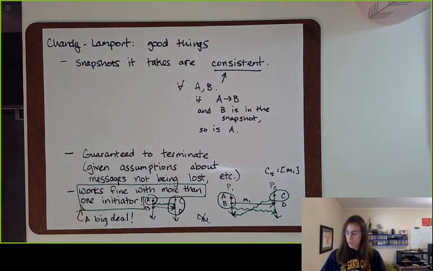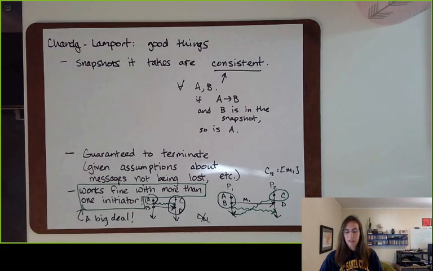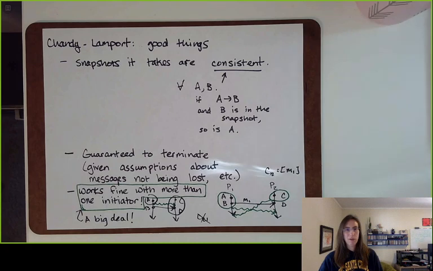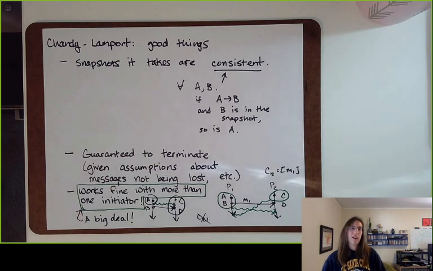And what if, while I'm waiting to hear back from everybody, I get a message from somebody else saying, hey, I'm going to take a snapshot, right? Well, then I have to give up on wanting to take a snapshot. Or I'll have to send them a message saying, no, stop. So then things get really chaotic, right? If anybody wants to take a snapshot, they have to first clear it with everybody else and say, everybody else stop, don't take any snapshots, it's my turn now, I have the lock.